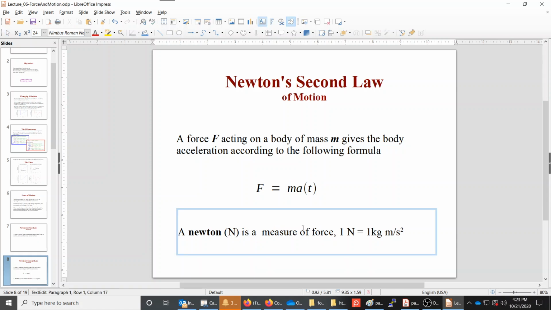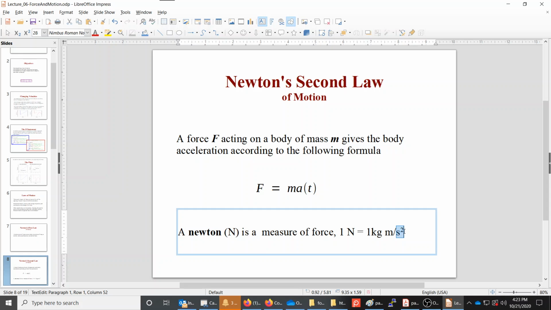All right. So if we look at force, typically using the SI units, force is measured in newtons. So we have newtons. 1 Newton is 1 kilogram times meter per second squared.